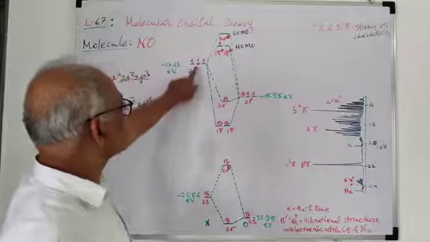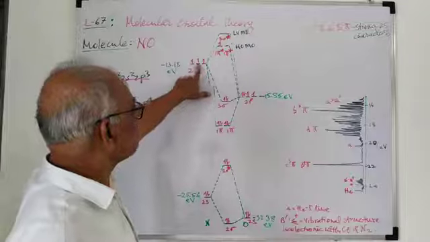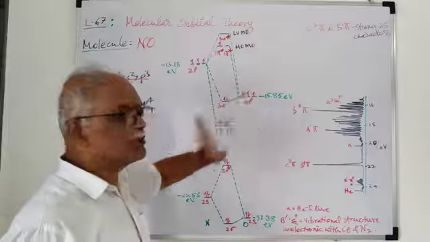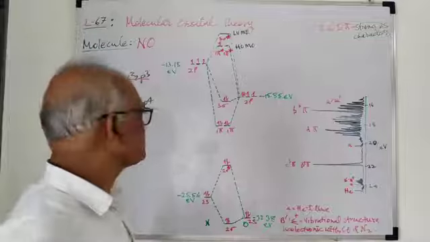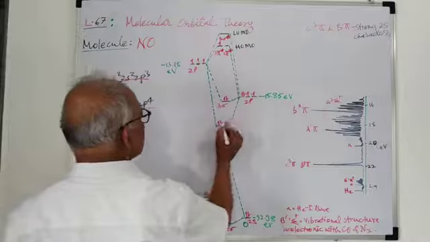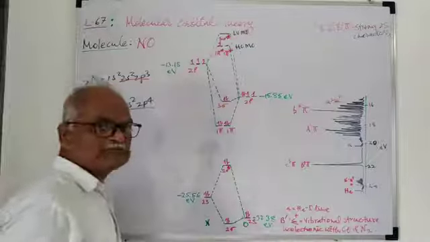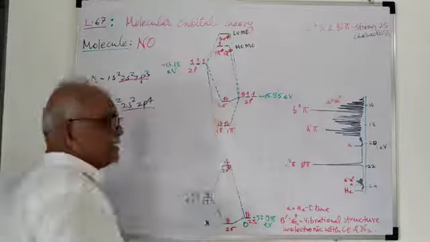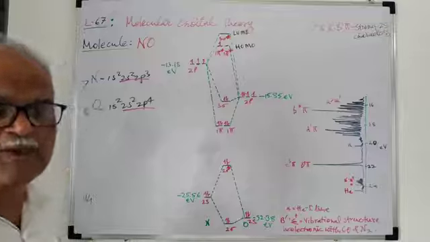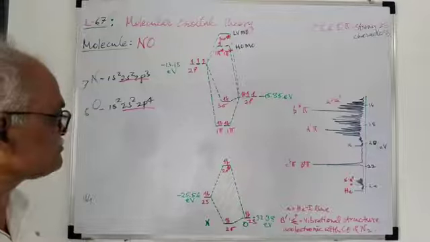Now 2p of nitrogen provides 3 electrons and 2p of oxygen provides 4 electrons. So now there are 7 electrons, out of which 4 are placed in pi, 2 are placed in 3 sigma, that is bonding, and 1 is placed in the antibonding pi molecular orbital.